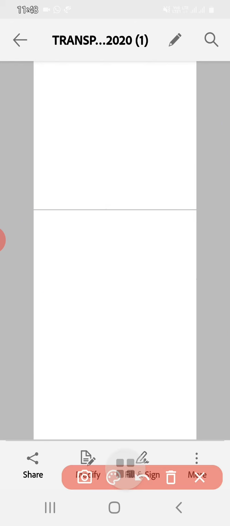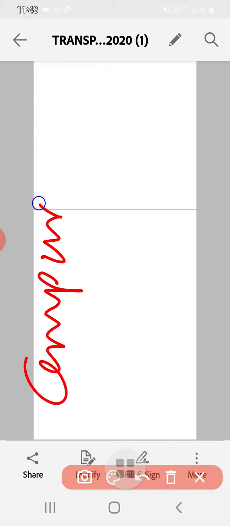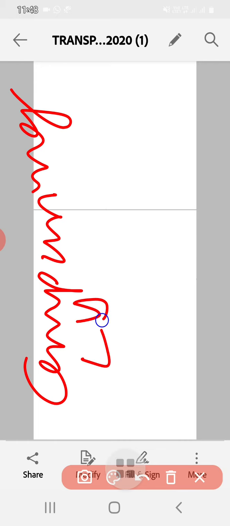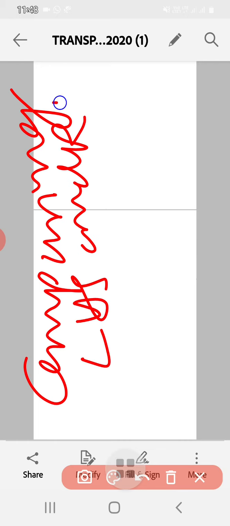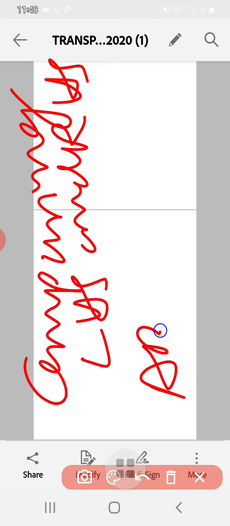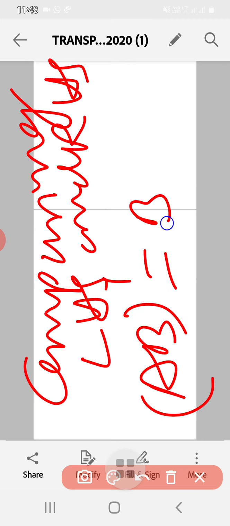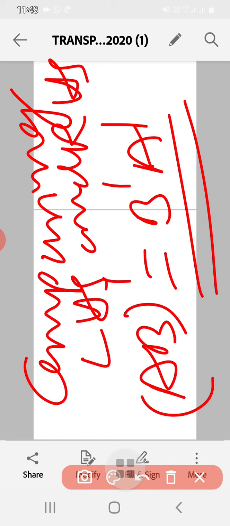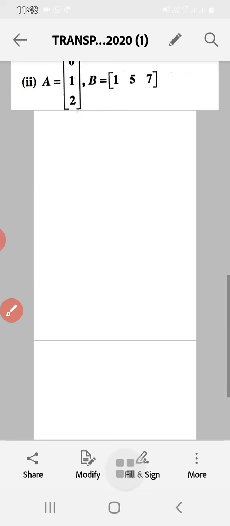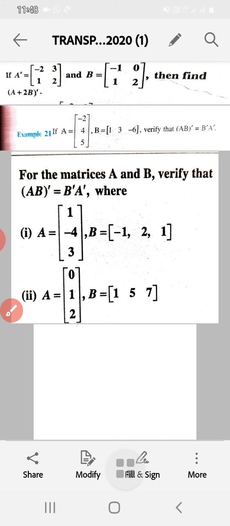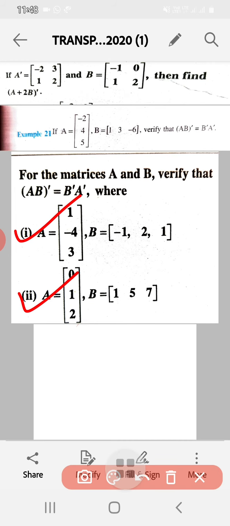So comparing LHS and RHS, we have (AB) dash is equal to B dash A dash. So these three have been covered here.